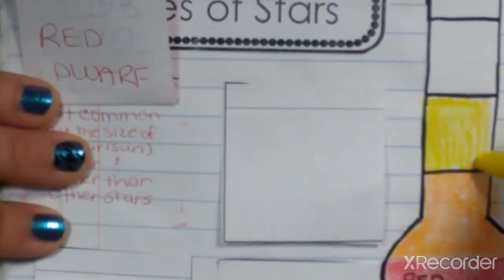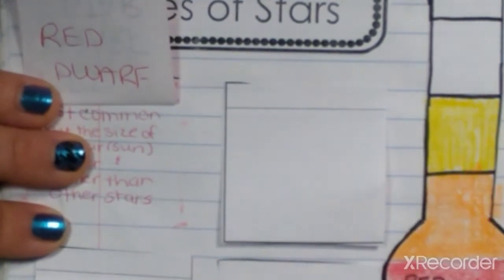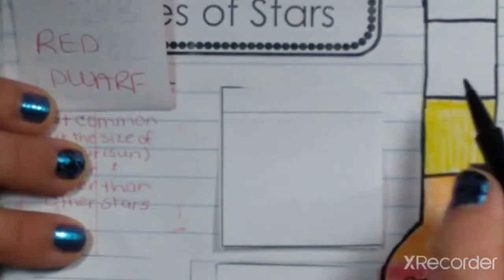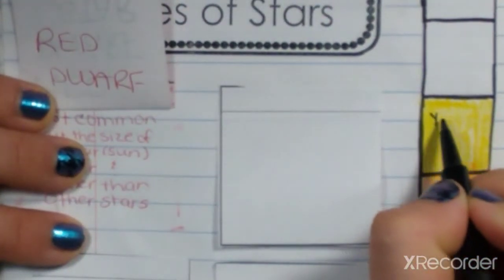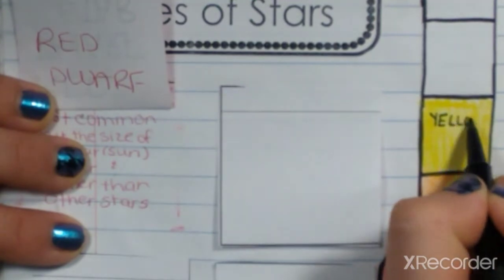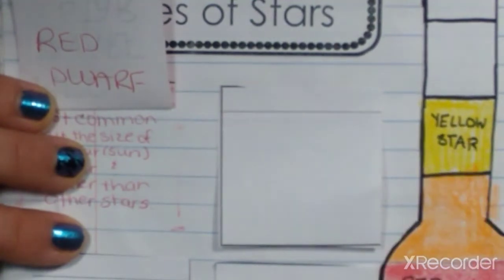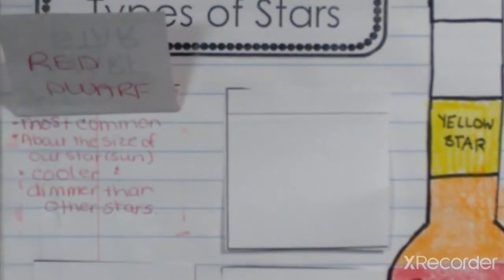They are yellow stars. So yellow stars are warmer than red dwarfs, but they are cooler than the other ones. So this is a yellow star. So a yellow star will be brighter than a red dwarf because it is warmer.